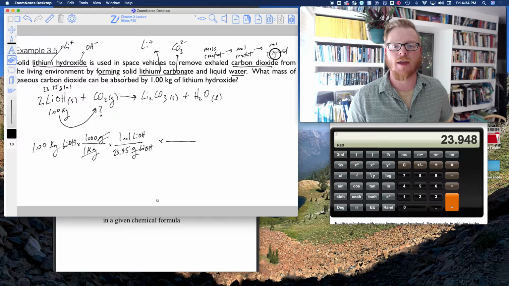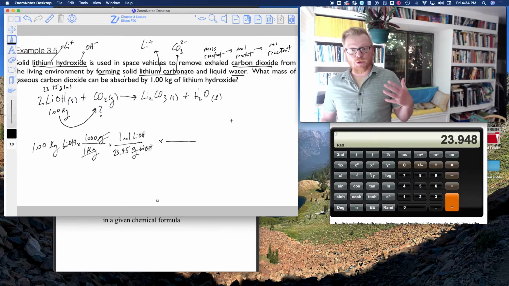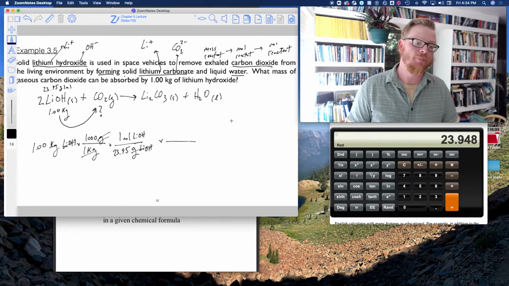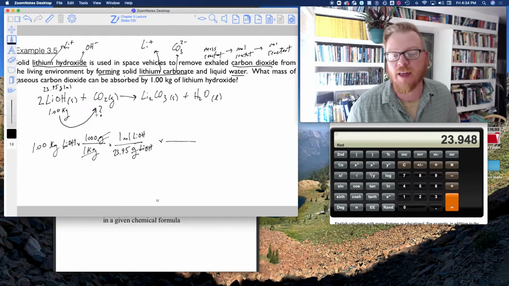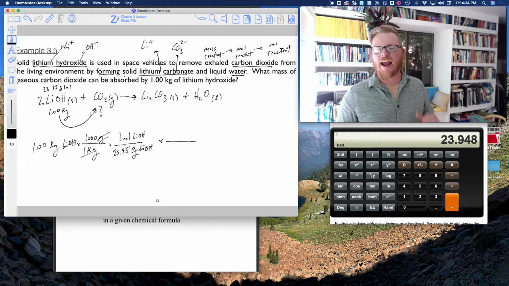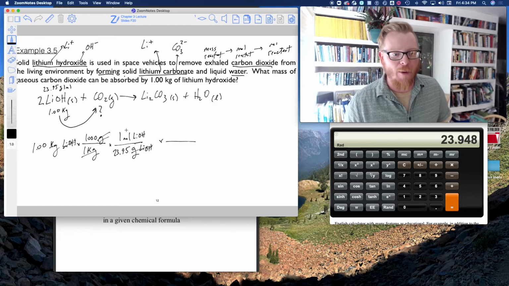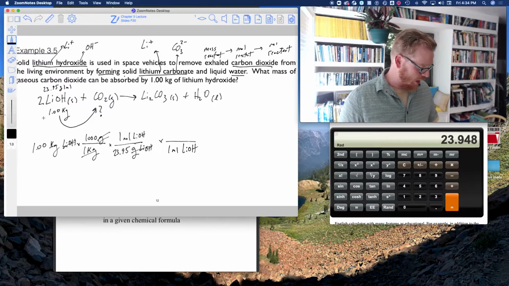I could have converted it to moles of product, but you've got to think about what you're asked for. I was asked how much of this reactant I need to react with how much of this reactant. To do that, I have to compare moles to moles.